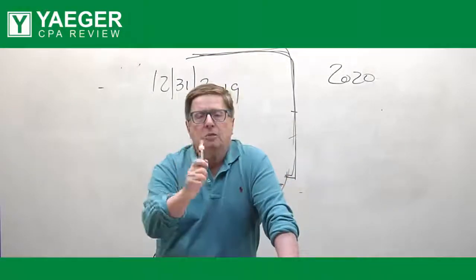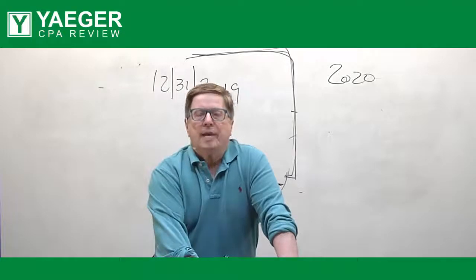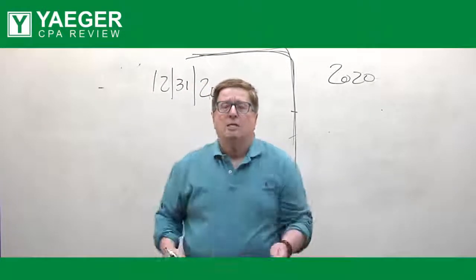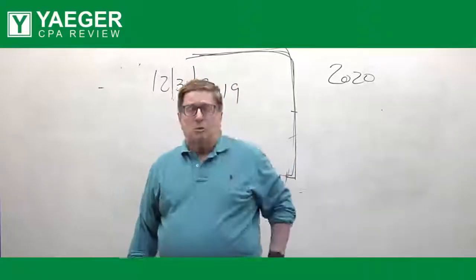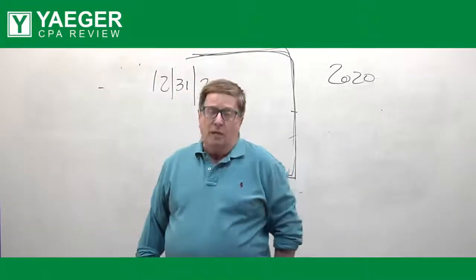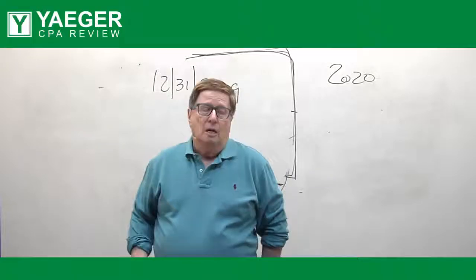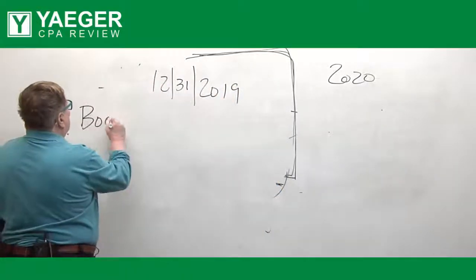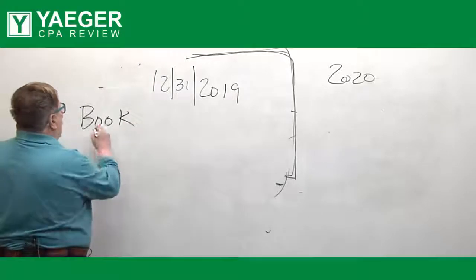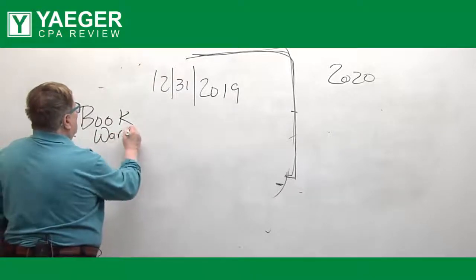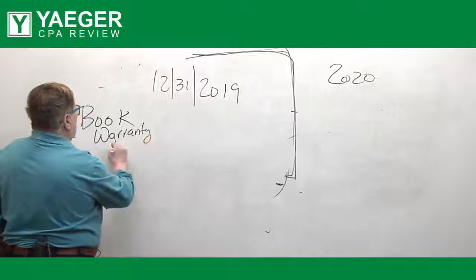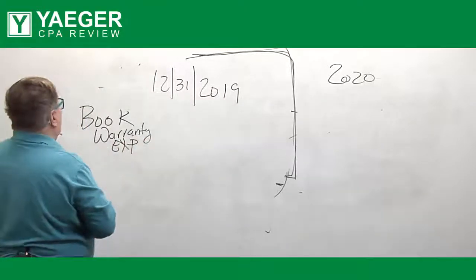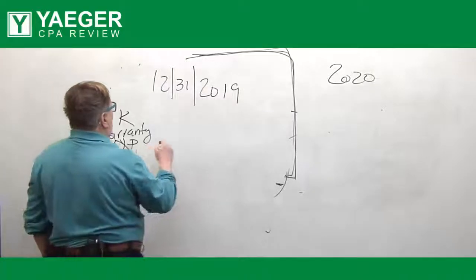Now, please remember that from an accounting standpoint, if you know, based on prior experience, what your estimated warranty expense will be in the future, for accounting purposes, you have to record it. So from a book standpoint, if you know your warranty expense for the future, based on prior year calculations, you have to record warranty expense on the books.